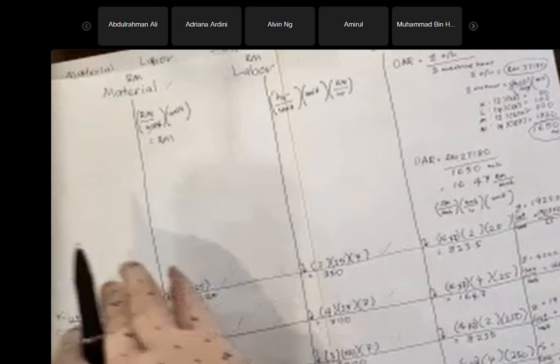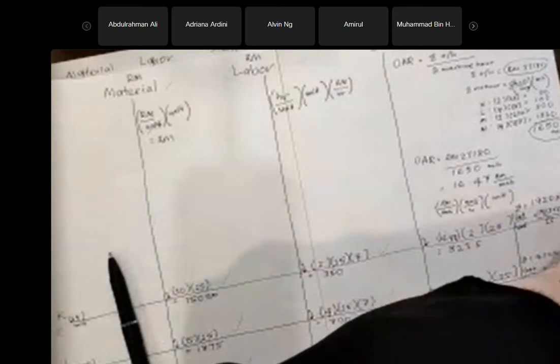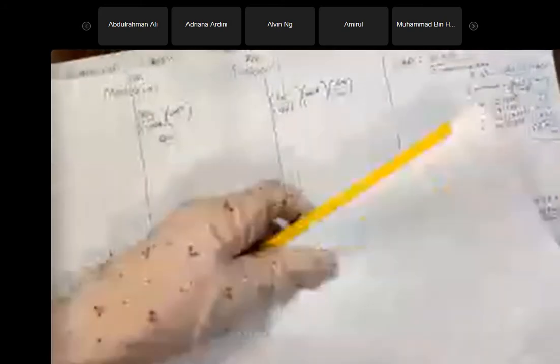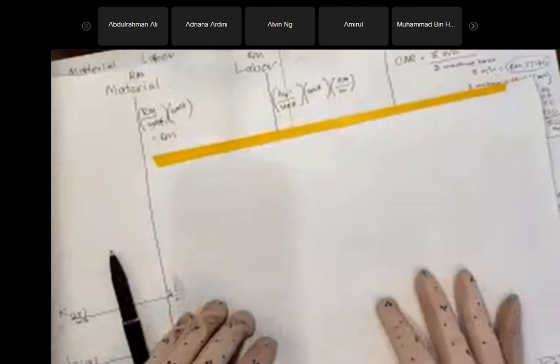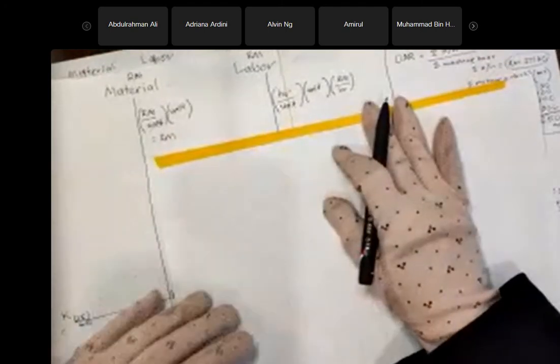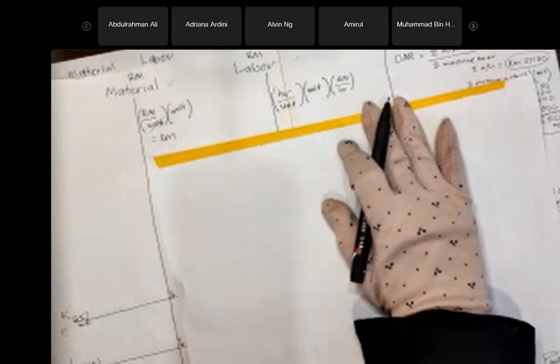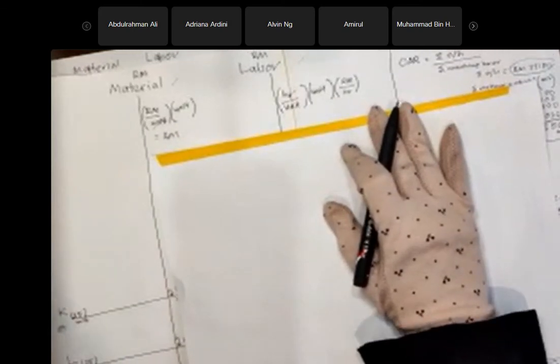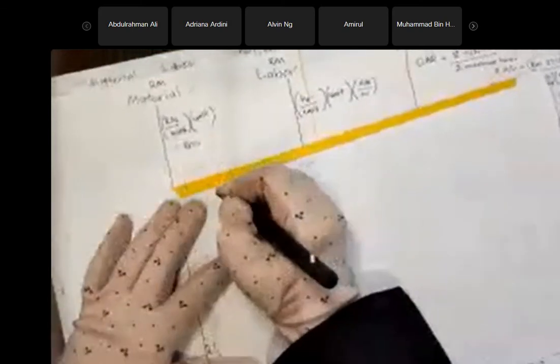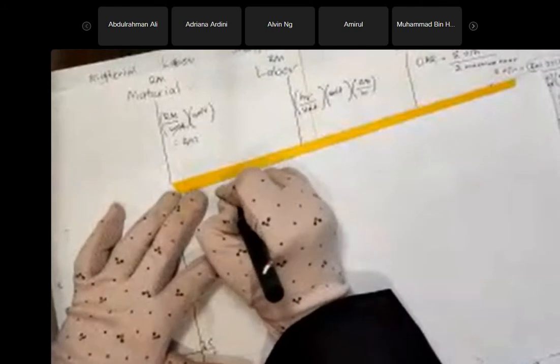Now you have to make a comparison. How to do the comparison?